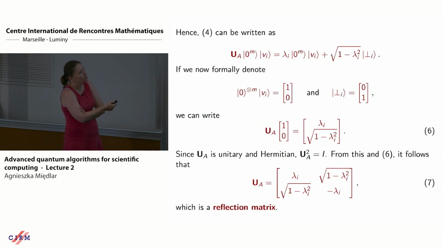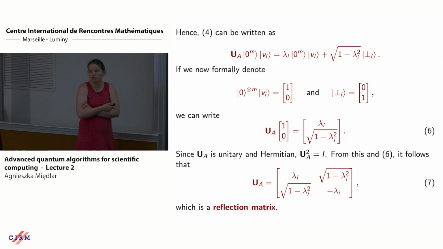So just plugging in everything, I know that my block encoding UA applied to the 1, 0 vector gives me this vector. I also know that UA is unitary because it's a block encoding, and here we assumed also it's Hermitian. So I know that UA squared has to be equal to identity.